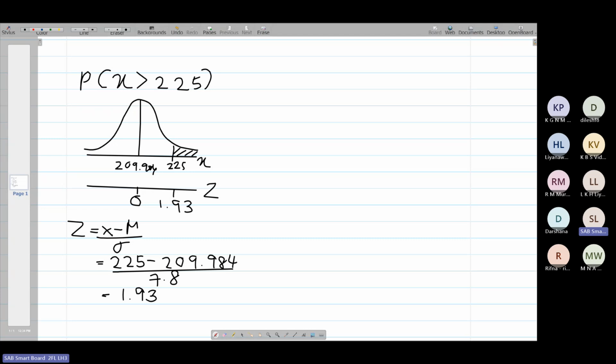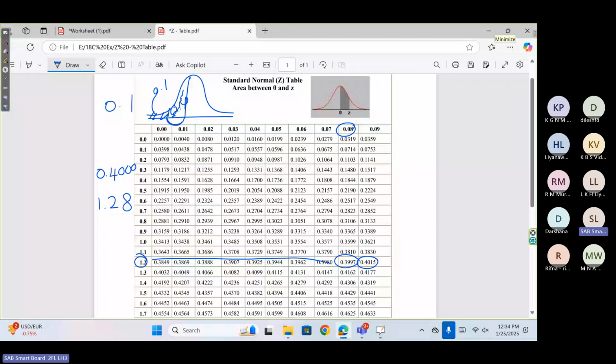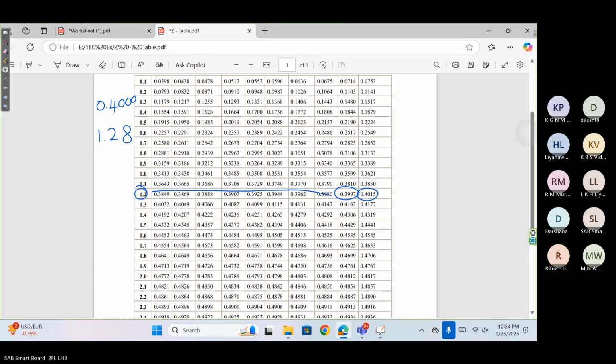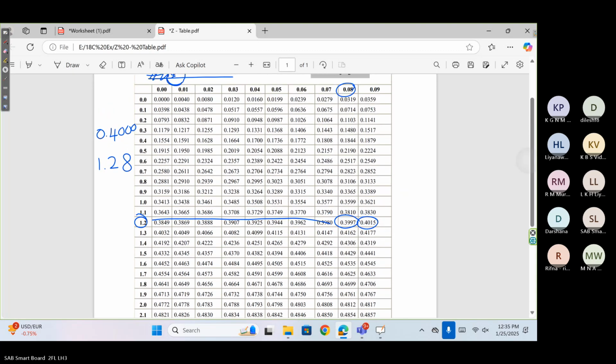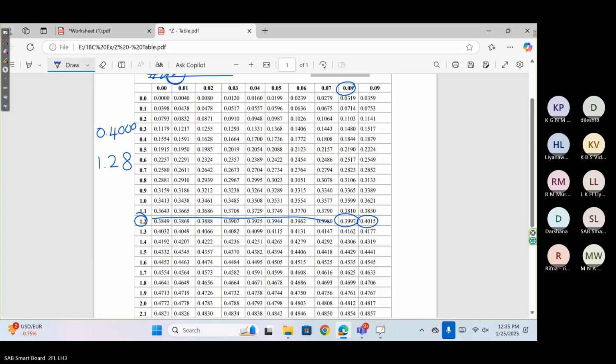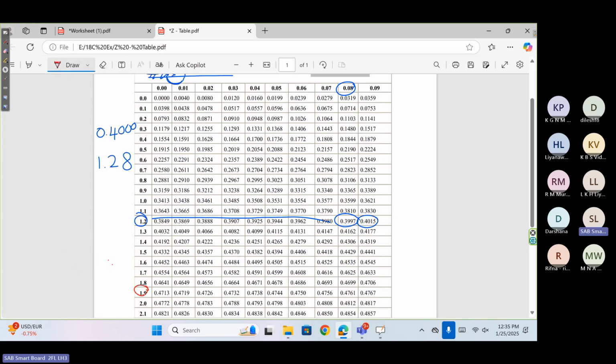Then using the Z table, we can find the probability for 1.93. Here 1.9, and here we need to select 3.